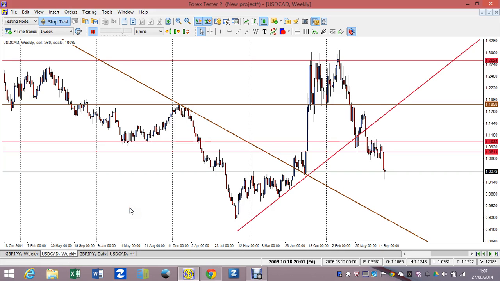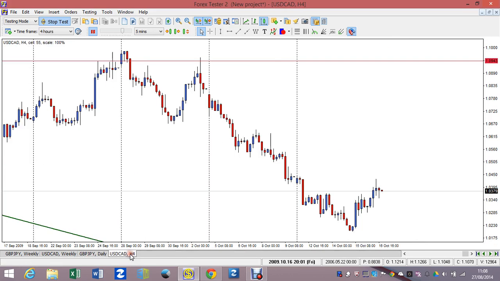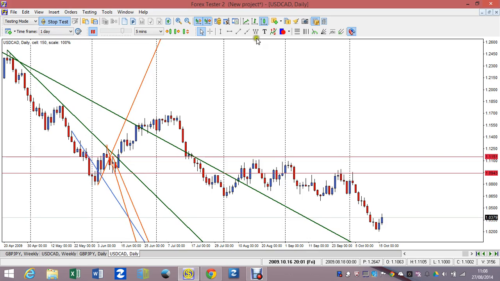Right, beginning to run out of time a little bit here, so although that's a nice looking pin bar on the dollar CAD, let's try that, and then we will probably call it quits for the day.